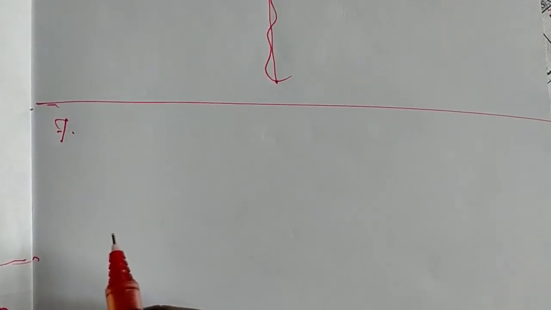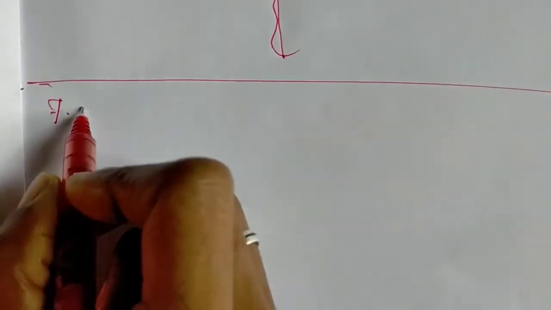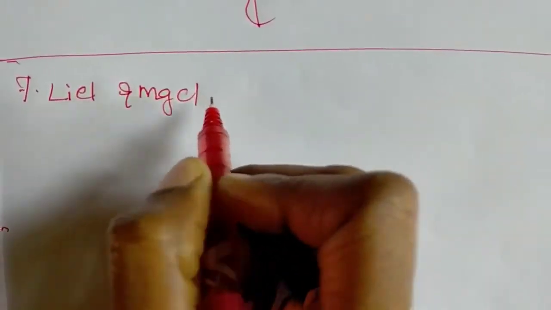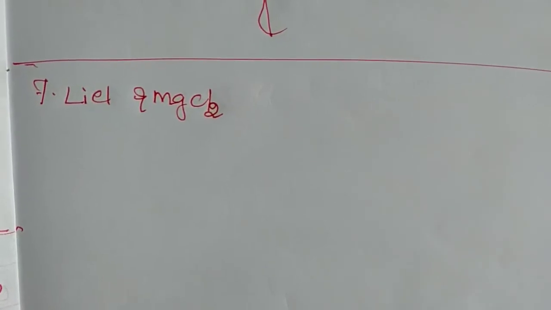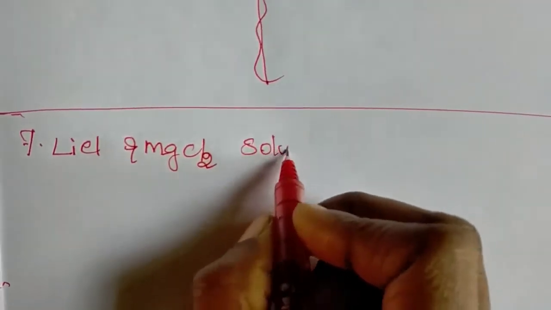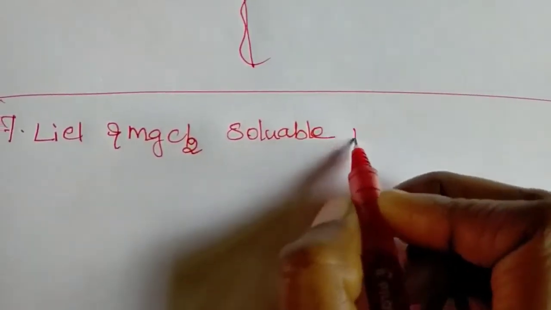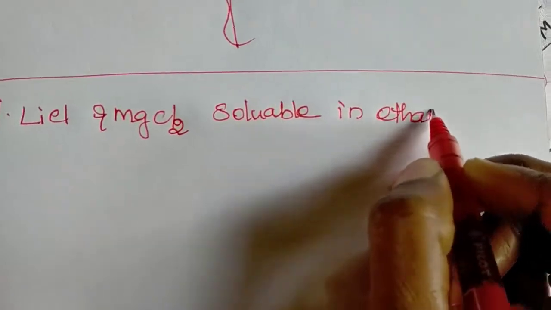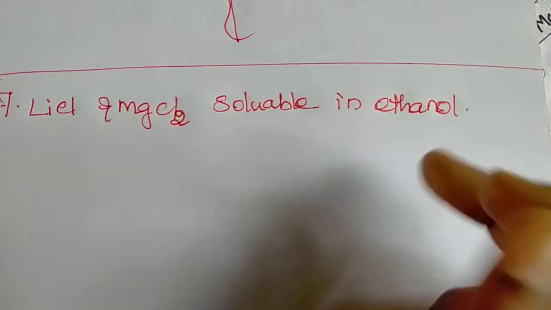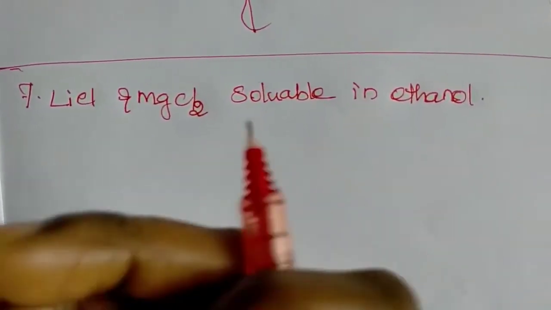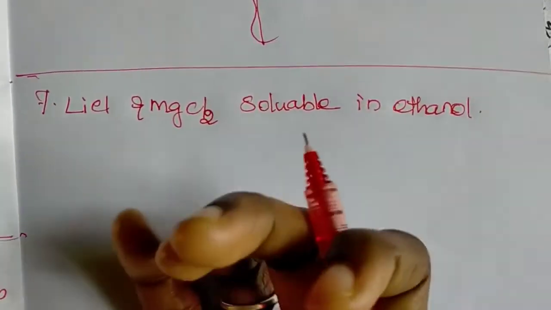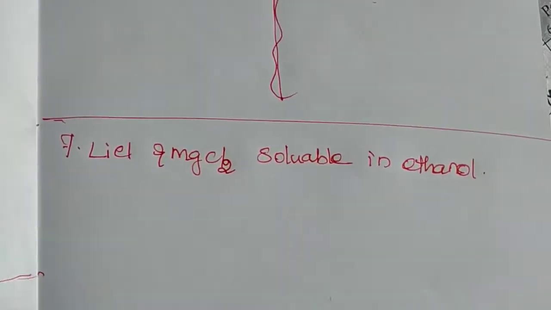Both lithium chloride and magnesium chloride are soluble in ethanol, which is an organic solvent. They also have the capacity to attract water molecules, a character known as deliquescent.